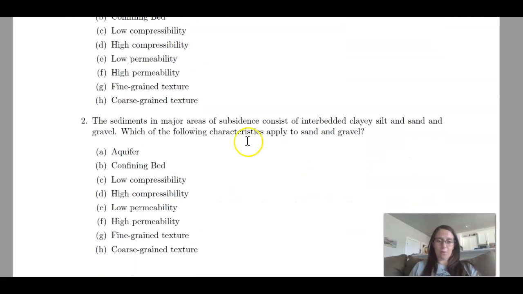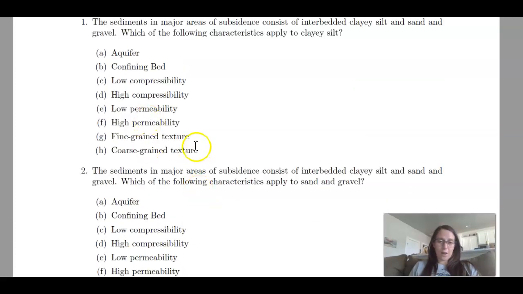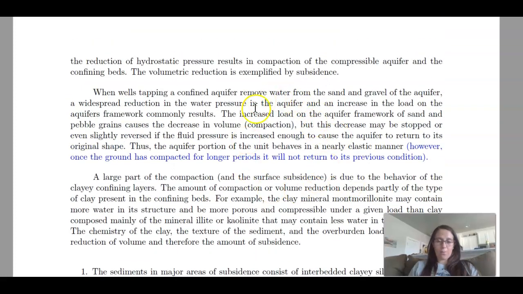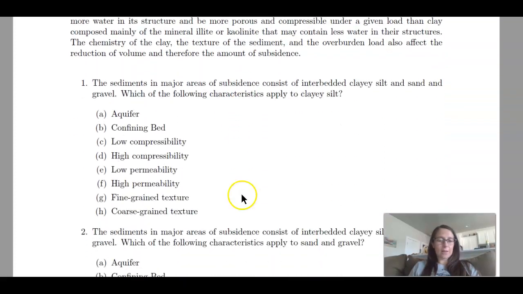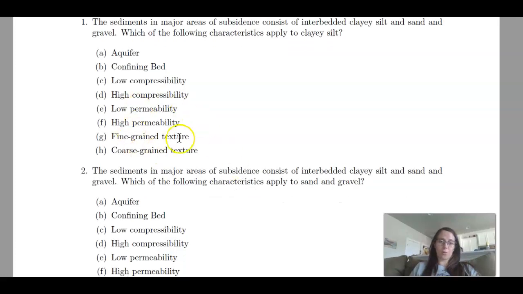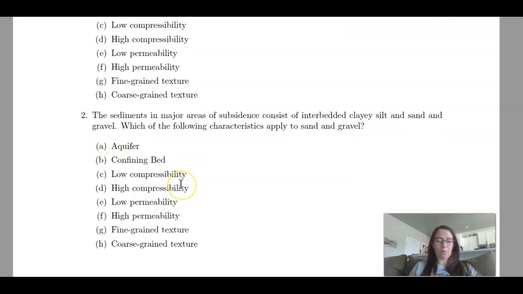Same thing for the second question, with the same options, however in this case you will not be talking about the clay silt, but the sand and gravel. If you have read through this whole part, a hint is that clay, silt, and sand and gravel behave very differently, so most likely the characteristics that you choose for question 1 won't be the same ones that you choose for question 2. They will rather be the opposite ones, okay?